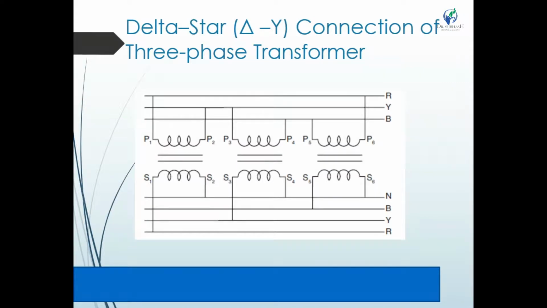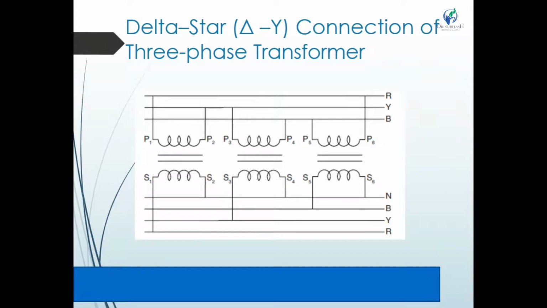Now the next topic is delta-star connection. The primary is connected in delta and secondary winding is connected in star. This configuration is used where it is necessary to step up the voltage, for example, at the beginning of the high tension transmission system. The neutral of the secondary is grounded for a 3-phase 4-wire system.